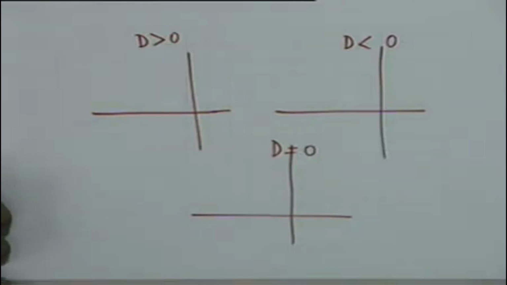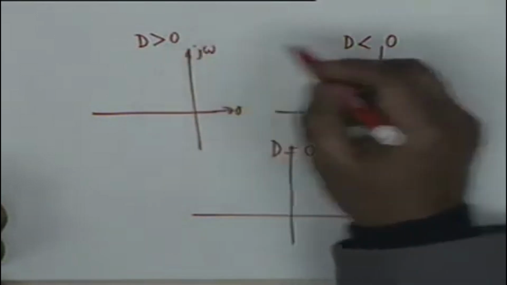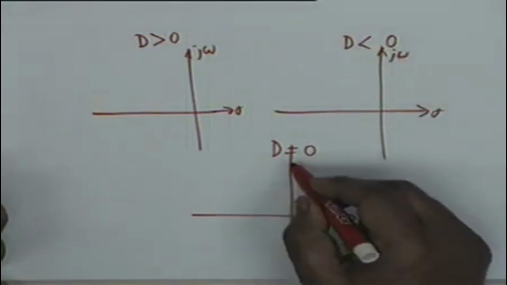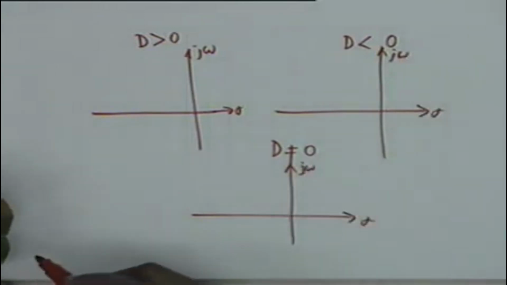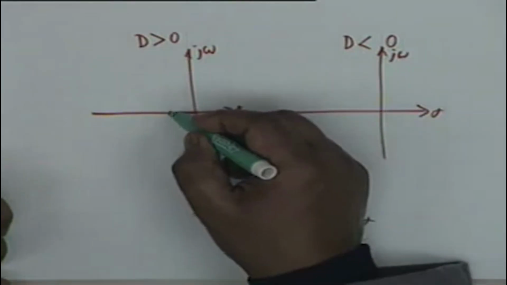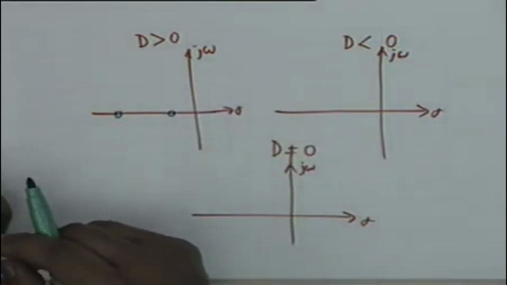Alright, and the roots of the characteristic equation, let me show the axis, sigma, j omega. There are three cases, and you see in the first case D greater than 0, there are two negative real roots, minus S1 and minus S2.